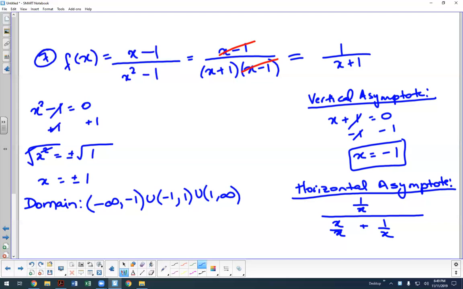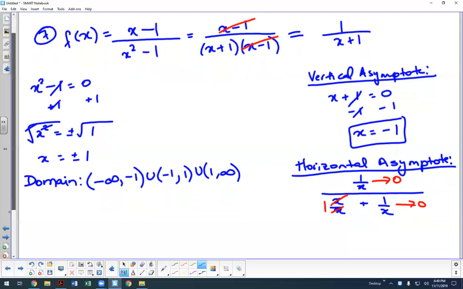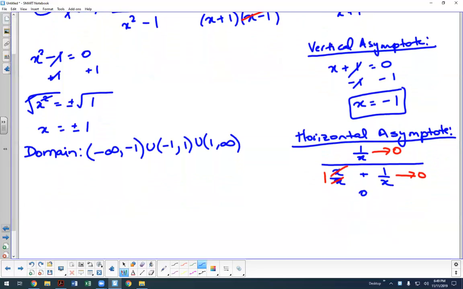So we're just using the simplified version, which tells me these guys are going to 0. This is going to 1, which means you have 0 over 1, which gives you 0. So our x-axis, again, is the horizontal asymptote.